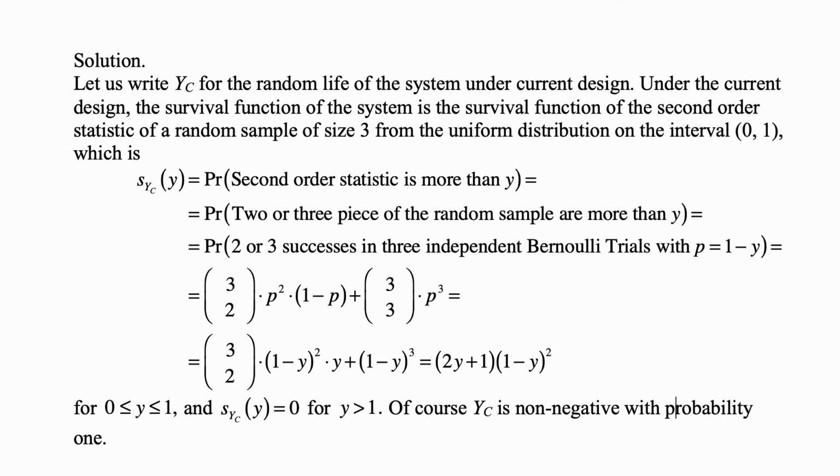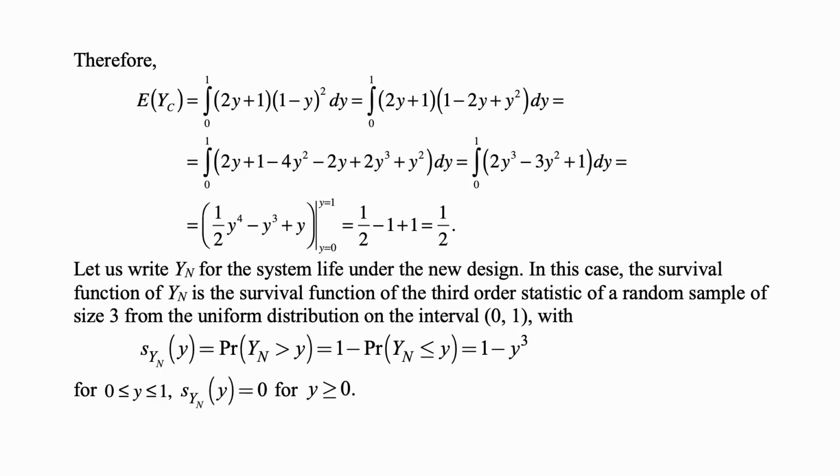Of course, Y_C is non-negative with probability 1, so we can use the Darth Vader rule to calculate the expected value. And therefore, the expected value of Y sub C is the integral from 0 to 1 of 2y plus 1 times 1 minus y squared dy, which is the integral from 0 to 1 of 2y plus 1 times 1 minus 2y plus y squared dy.